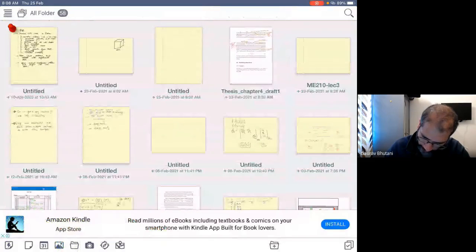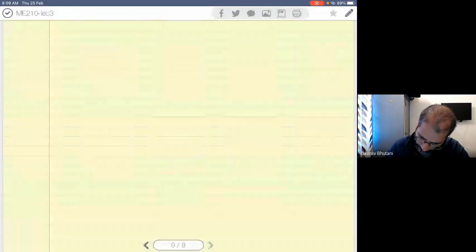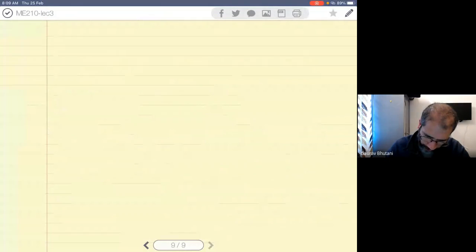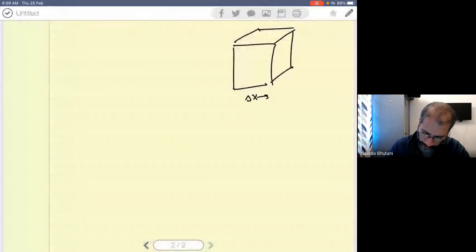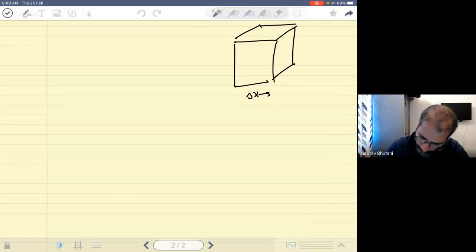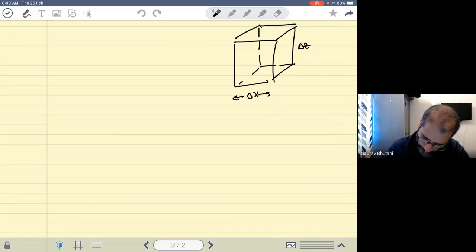Let me confirm what axes we had taken. Sorry, I think I deleted that. Anyways, I think this delta x was whatever we have drawn, and then delta z was taken as this one. So this should be delta y. No, this was delta x.